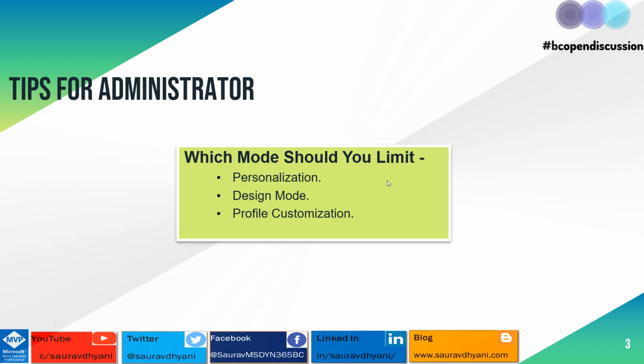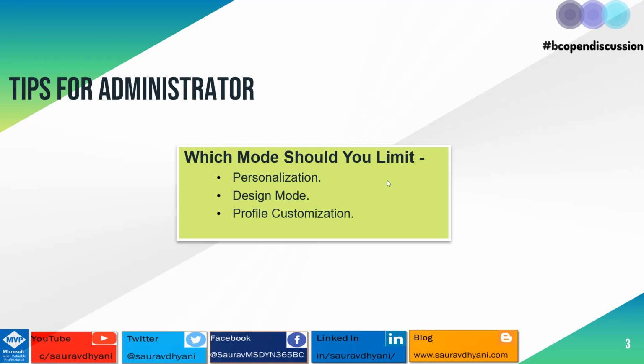Assume the scenario where you have 300 design time extensions, which is super bad situation to be in. And the problem with the design mode is if you design a page twice, it actually creates two separate extensions. So as an administrator, you should try to disable permissions for user to use design mode. That's a no-no for every user. You should not be getting into design mode.